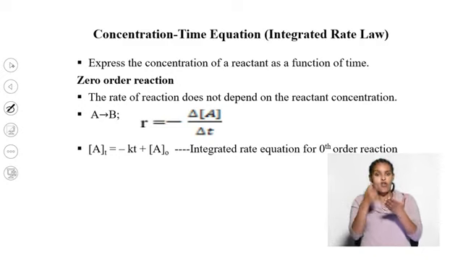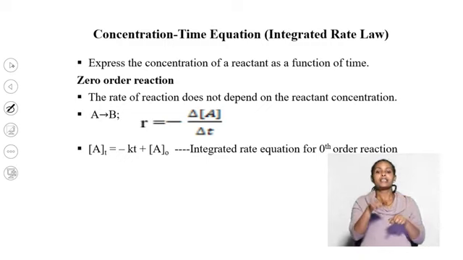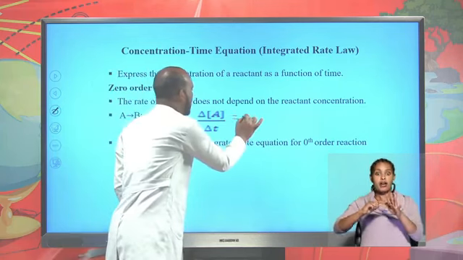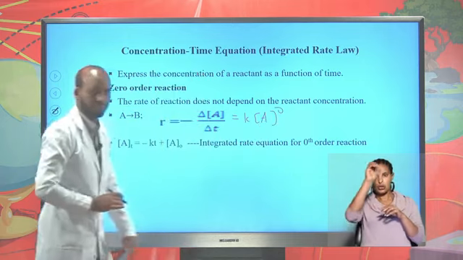Therefore, for a simple reaction A to B or A to product, rate in terms of concentration of reactant equals minus change in concentration of A divided by change in time, which for a zero order reaction equals k times concentration of A to the power 0.